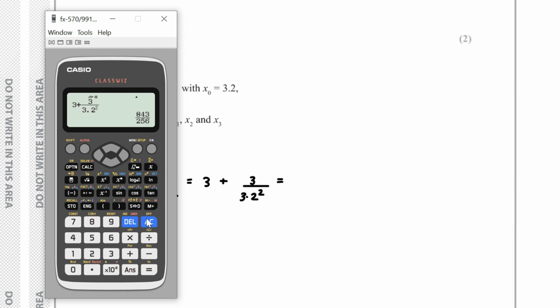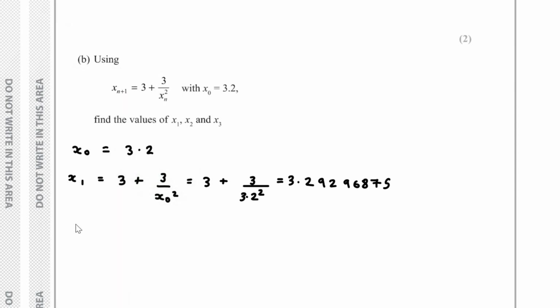which you'd find, well, here what we can do actually, if we type 3.2 into the calculator and press equals, 3.2 is now stored in the answer key. So if we type in 3 plus 3 over answer squared, we will end up with 3.2929687.5. Press equals again. This is the value of x2.